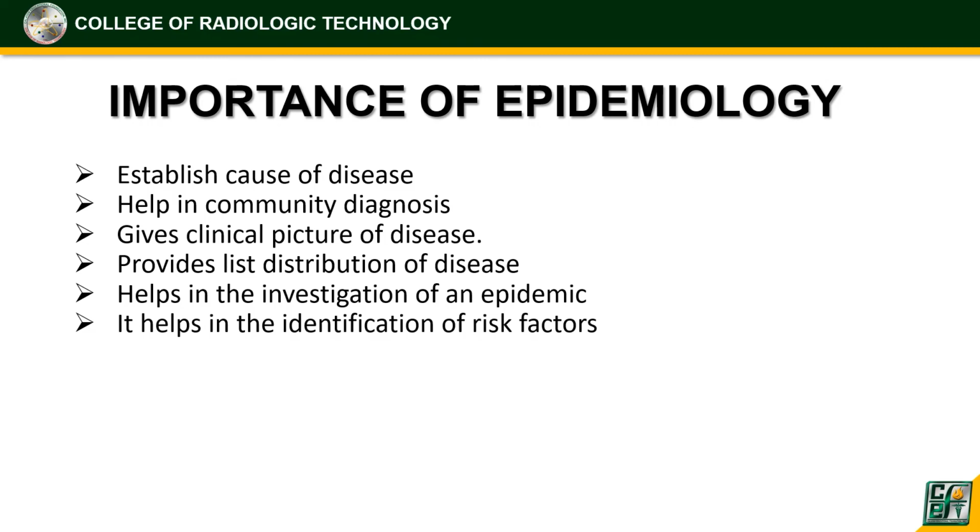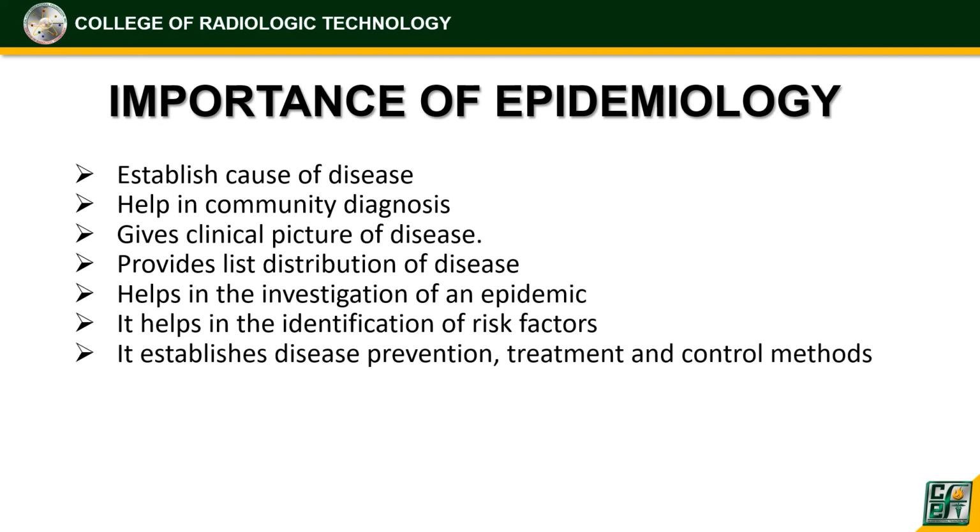It helps in the identification of risk factors and establishes disease prevention, treatment, and control methods. All this importance can be seen today in our daily experiences in this period of the COVID-19 pandemic.